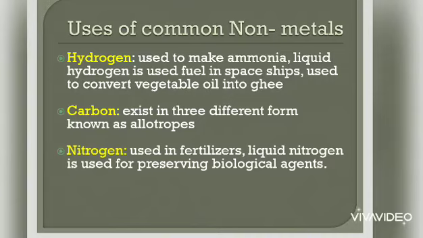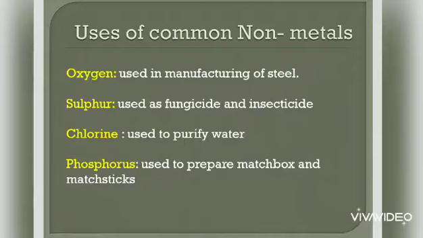The next example is nitrogen, which is used in fertilizers, and the liquid form of nitrogen, which has a temperature of minus 196 degrees Celsius, is used to preserve biological materials. Another example is oxygen, which is used in the manufacturing of steel.